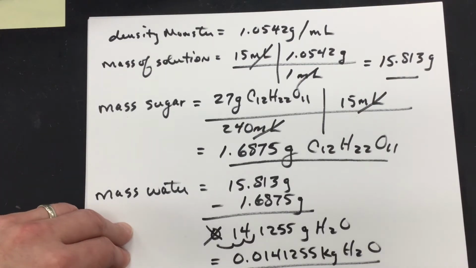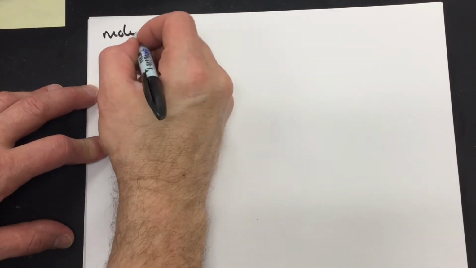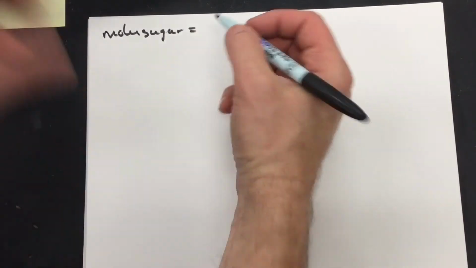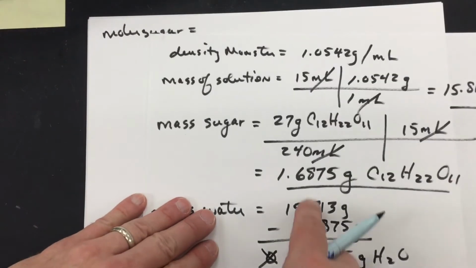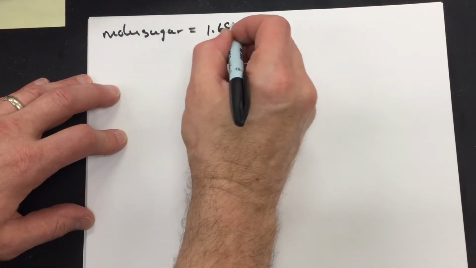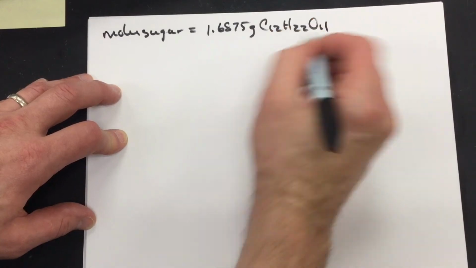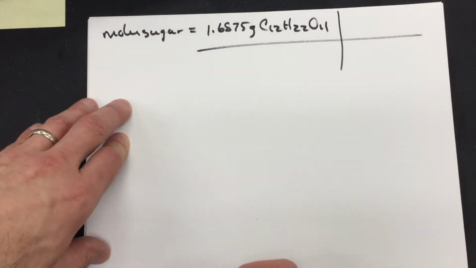Next step is to find the moles of sugar. So the moles of sugar are going to be found by taking the mass of sugar, which we found from this step, 1.6875, and then we need to divide that by the molar mass.